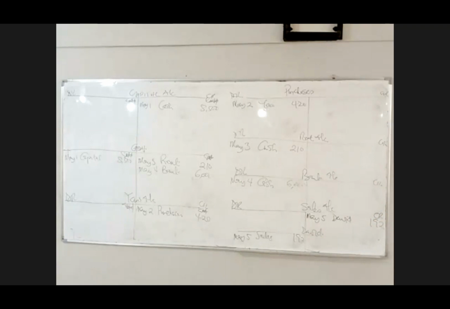What are we debiting and what are we crediting? Debit cash and credit sales. So at this point, I believe we all understand the double entry principles.